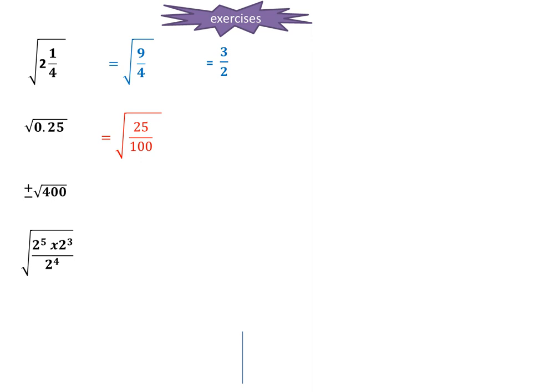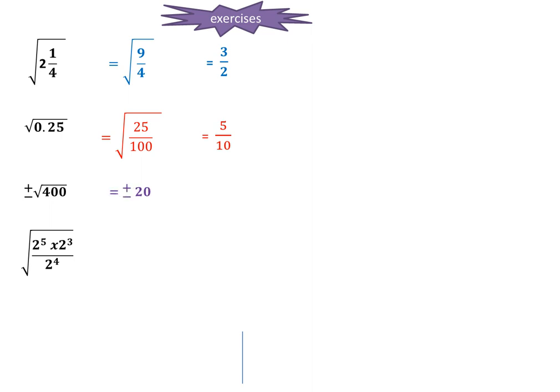Because the decimal point is after 2 digits from right to left, then put 100, but if the decimal point is after one digit we put the second term as 10. Now we can get the square root of 25 will be 5, and the square root of 100 will be 10, so 5 over 10.